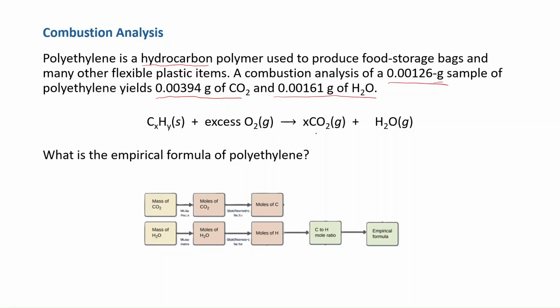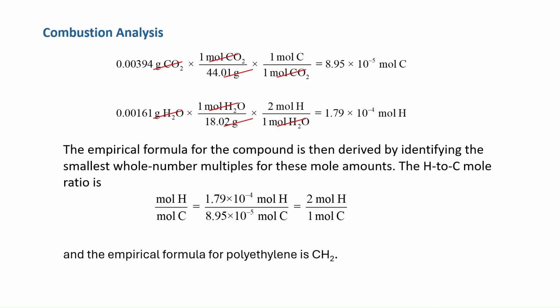You have to change the grams of carbon dioxide to moles, the grams of water to moles, and now you say, okay, one carbon dioxide has one carbon, so you can calculate the moles of carbon. One water molecule has two hydrogen atoms, so you calculate the moles of hydrogen. Once again, once you have the number of moles, divide by the smallest number. So let's do the example. Carbon dioxide, we change it to moles.